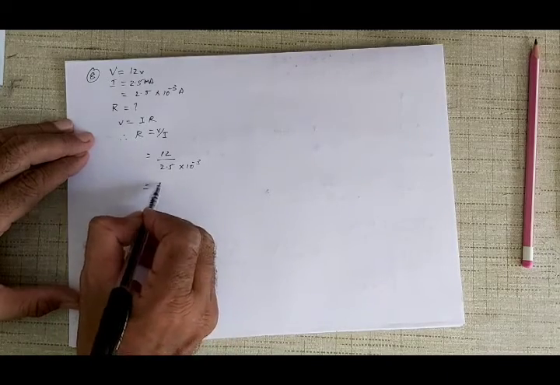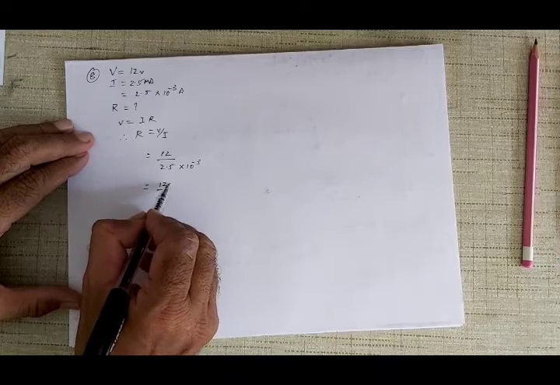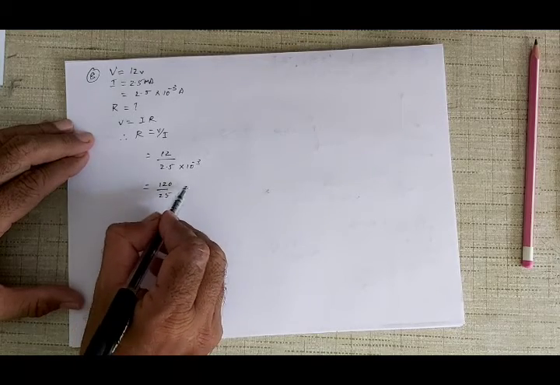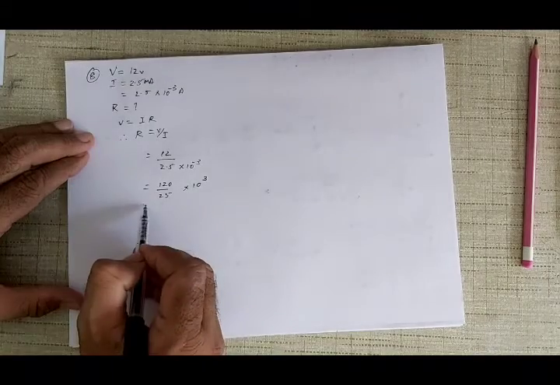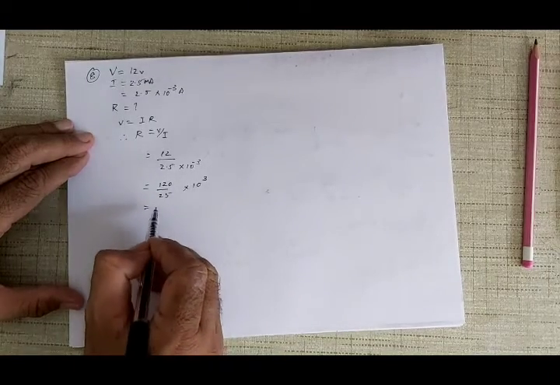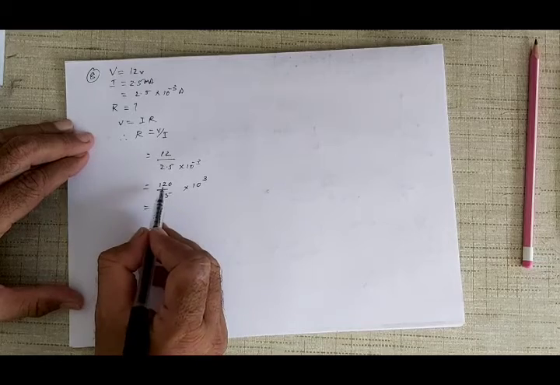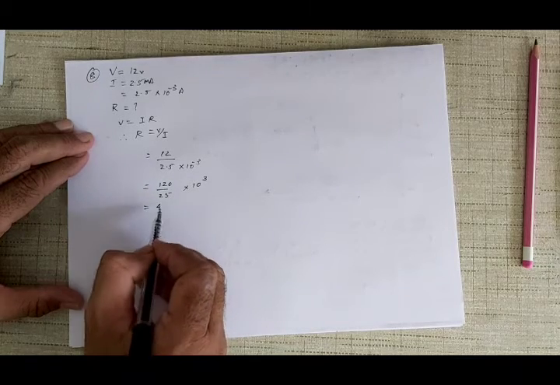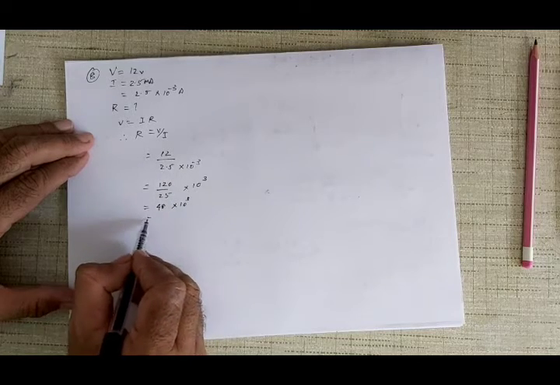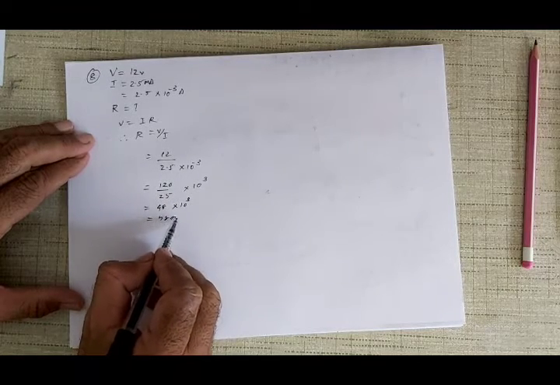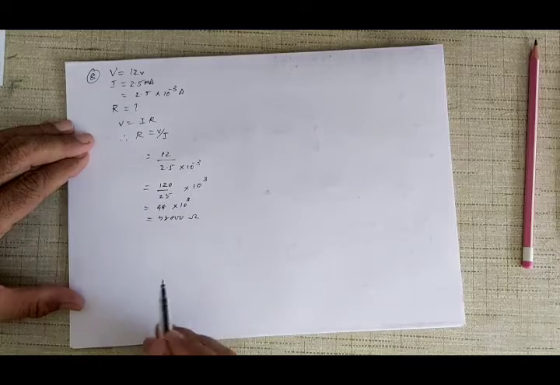So you get 120 upon 25, or 10 to power -3 will become 10 to power +3 when taken up. Now 25 4s are 100, 20 left, 200, 25 8s are 200, into 10 to power 3, or you can say 48 and 3 zeros, so many ohms.